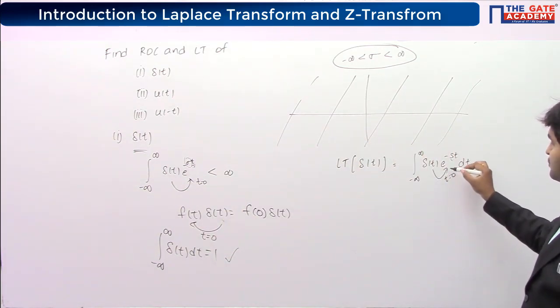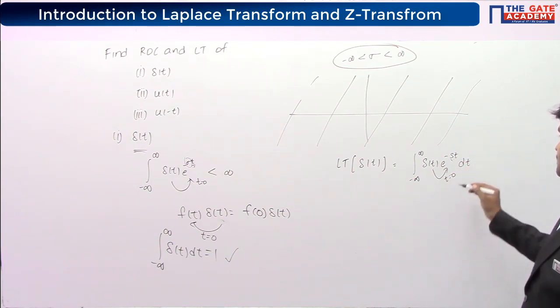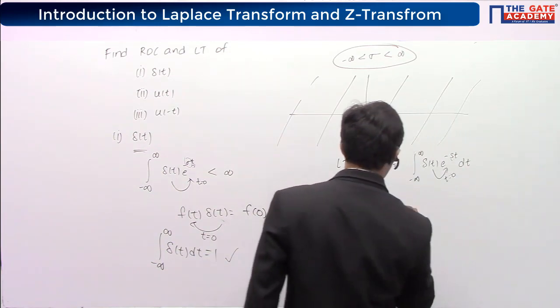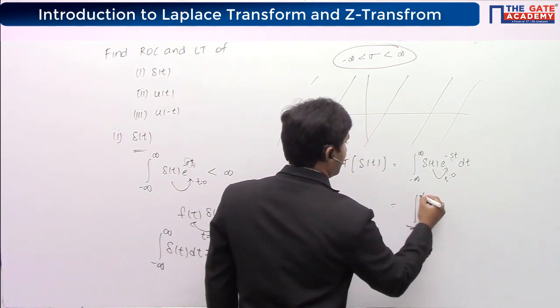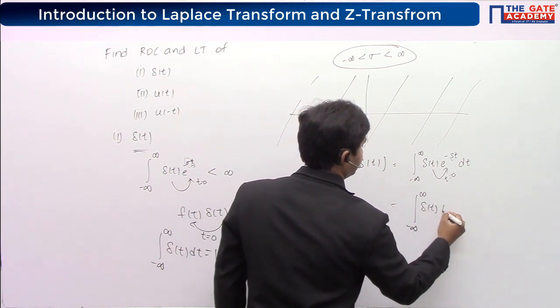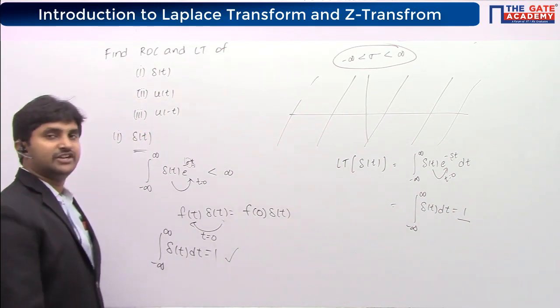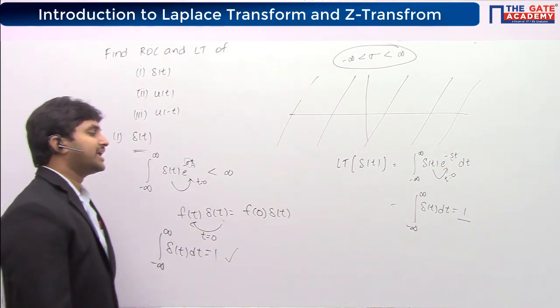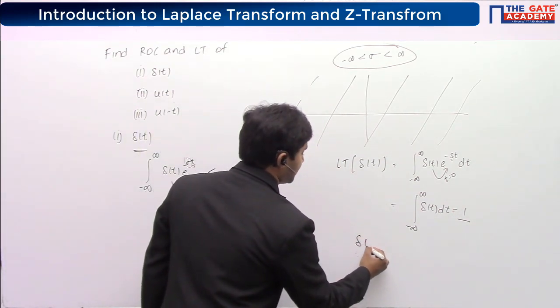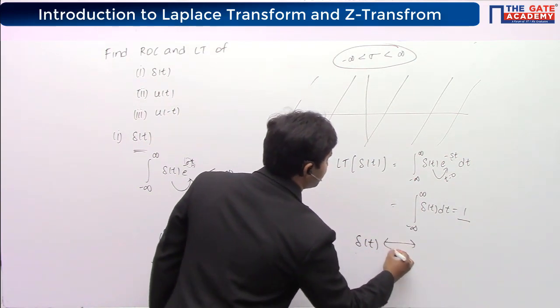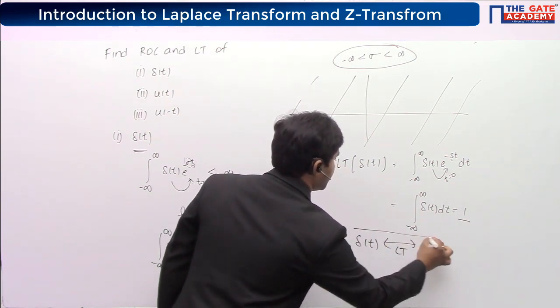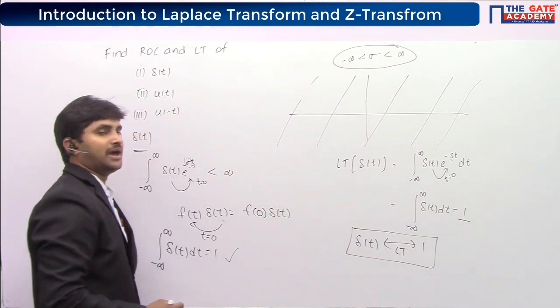So I can put t equal to 0 in this case. So I have the area of del of t dt, which is equal to 1. So what I can say here is that del of t will have the Laplace transform as 1.